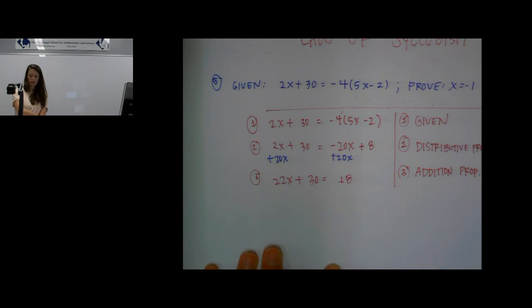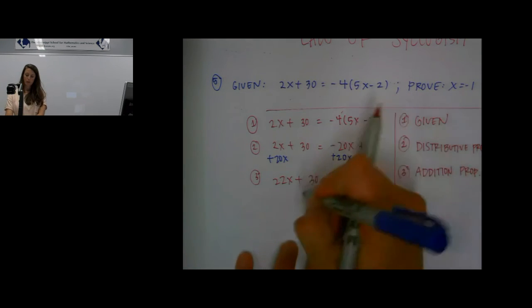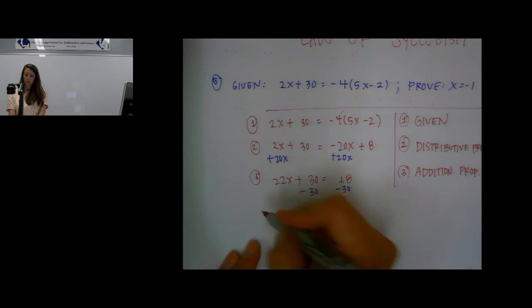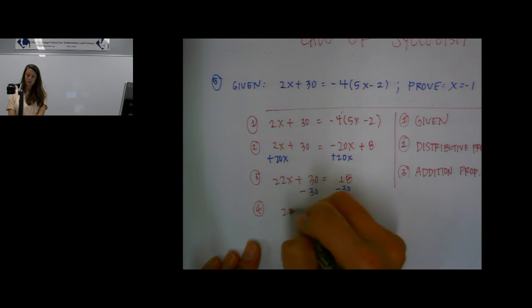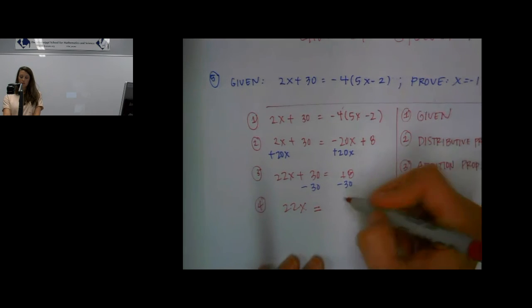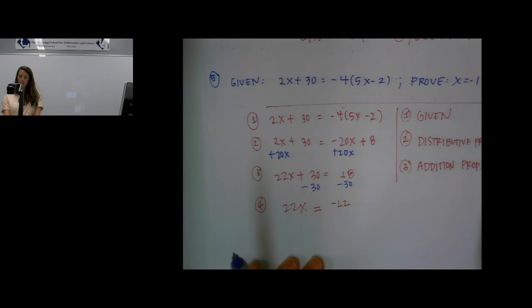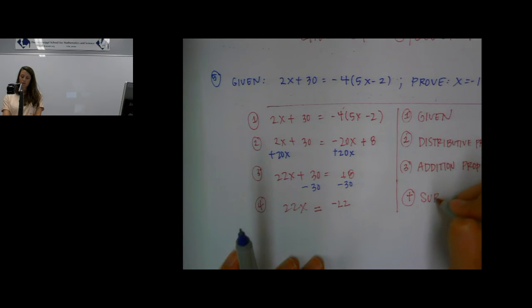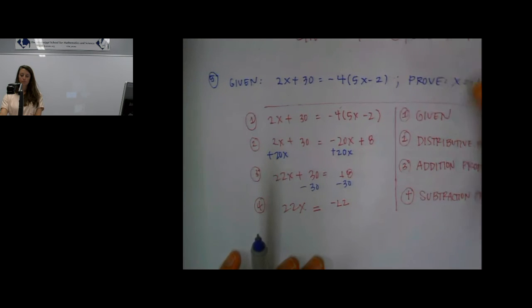Next I need to subtract, so I'm going to subtract 30. When I subtract 30, my next row is 22x is equal to a negative 22. That is by the subtraction property.